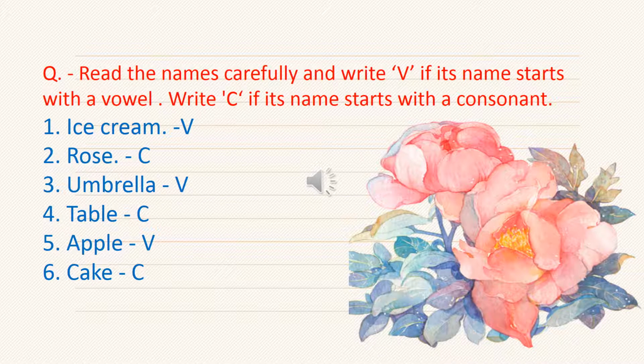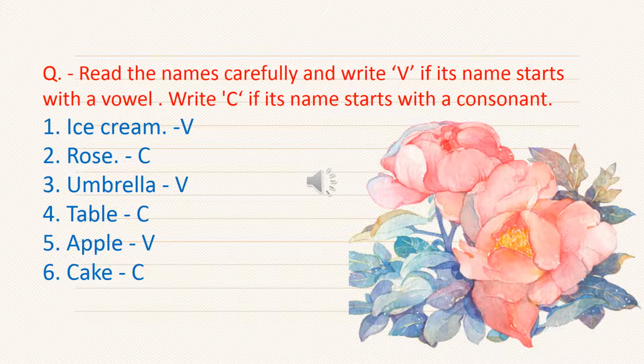I have written the words and answers also. Don't copy the answers. Write the words honestly and then match up with the answers. Ice cream. Ice cream starts with I. I is a vowel, so I have written V here. Rose.